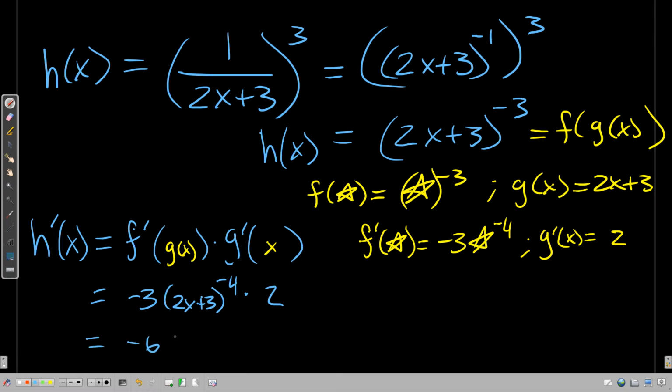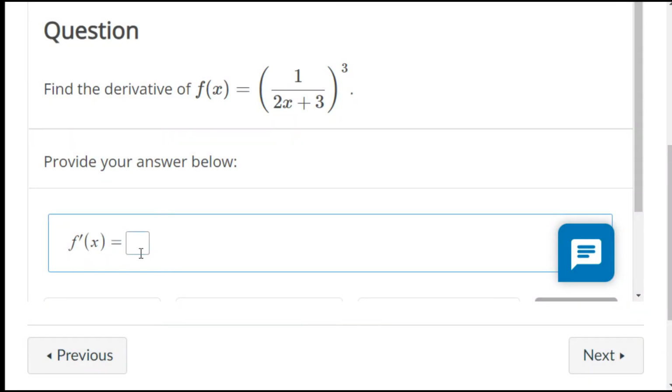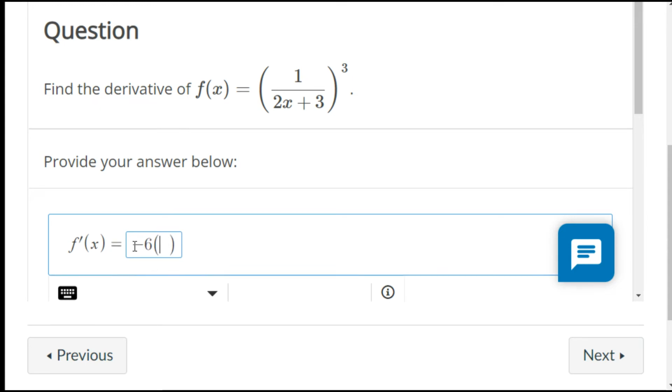Simplify this, you get minus 6 times the quantity, 2x plus 3, it's not a plus, to the power of minus 4.